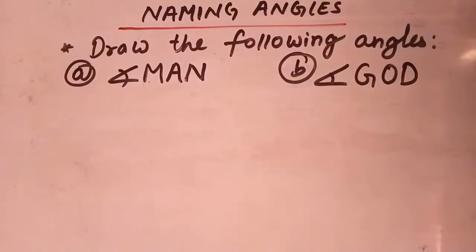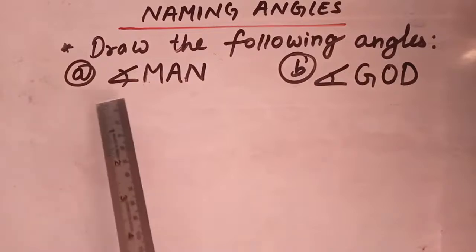As I have already taught you in previous classes how to draw the angles, once more today we will focus on how to draw the given angles. While drawing the given angles, we have to be very conscious. The main thing is you have to be very careful with the vertex.